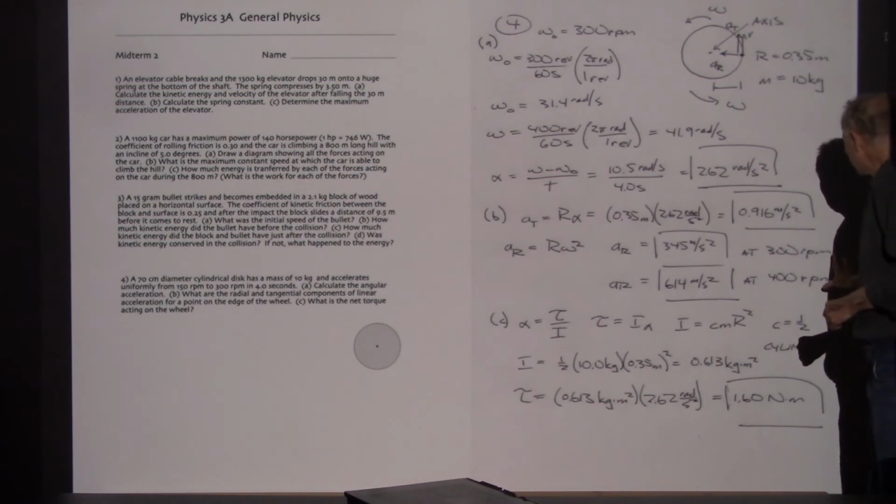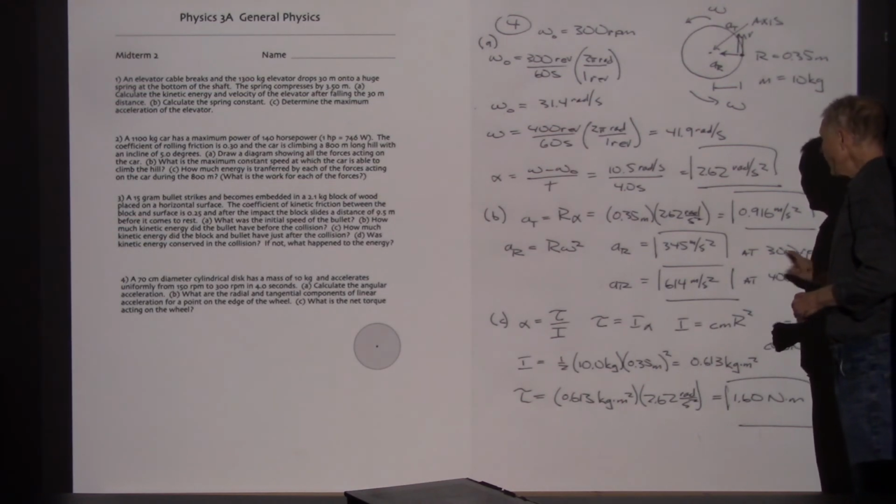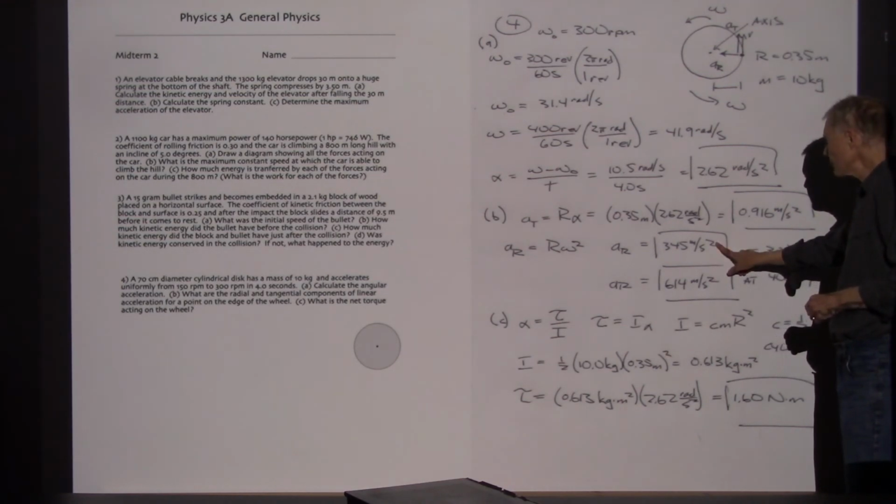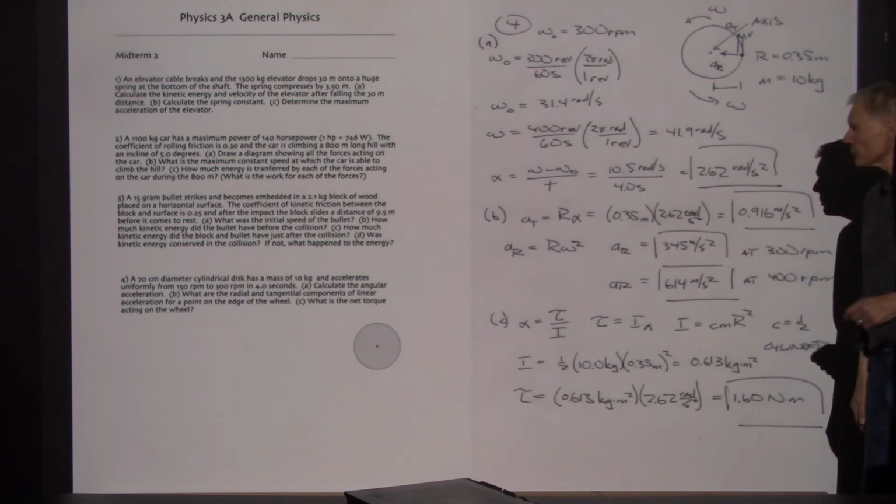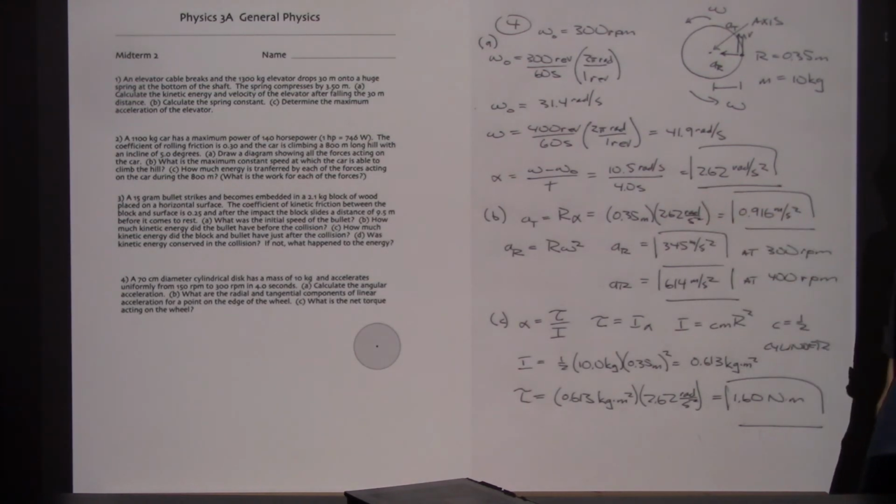And then at 400 RPM, that jumps from 345 to 614. The radial acceleration is going to depend on omega squared. So an increase in omega, I get an extra boost from squaring the omega in that formula.